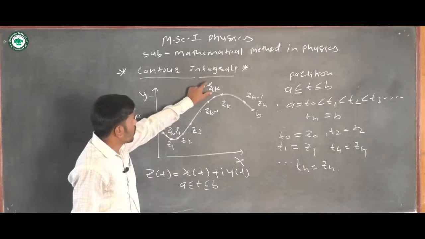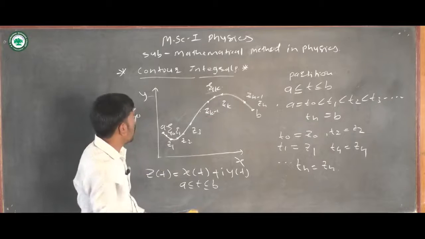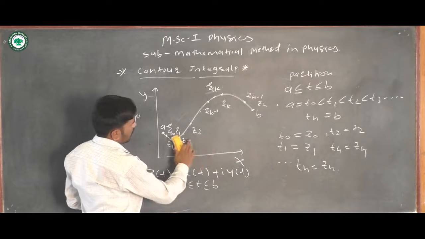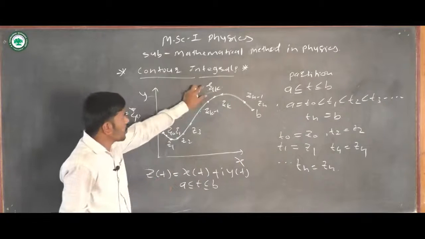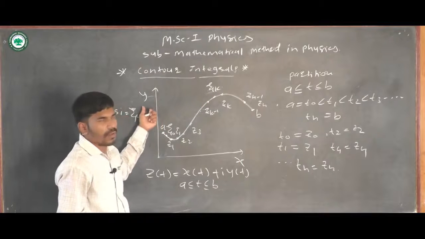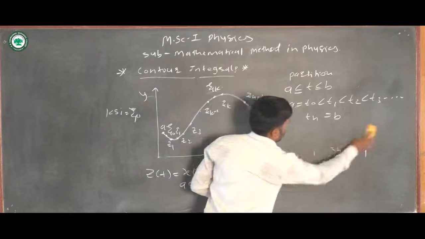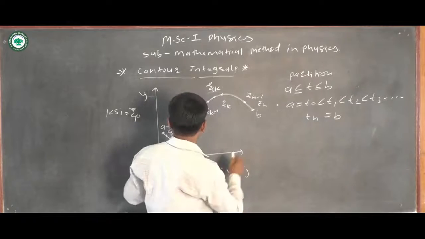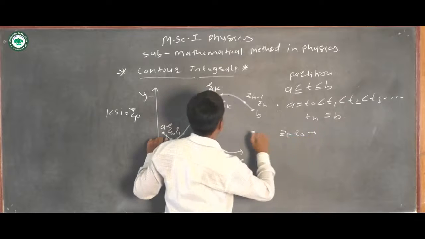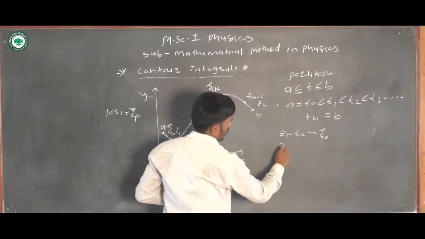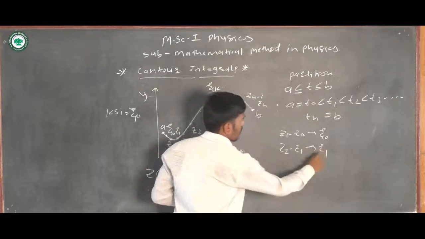So this point varies according to this t, and corresponding to this psi, the functions vary. Okay, so if I write now for the interval z1 minus z0, there is one arbitrary point, that is psi naught, and for z2 minus z1, there is an arbitrary point, that is psi 1.